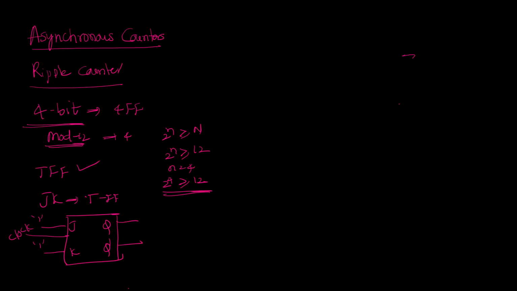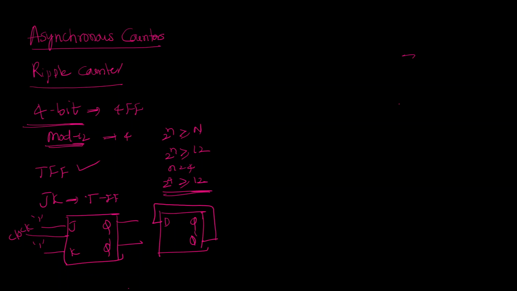Let's suppose you have a D flip-flop. If you have a D flip-flop, there is a D and there is a Q bar. You connect Q bar to D. Now what is going to happen? It is going to function as a T flip-flop.